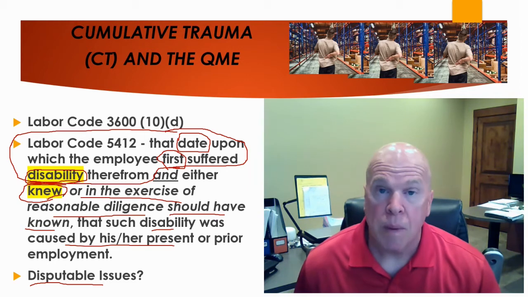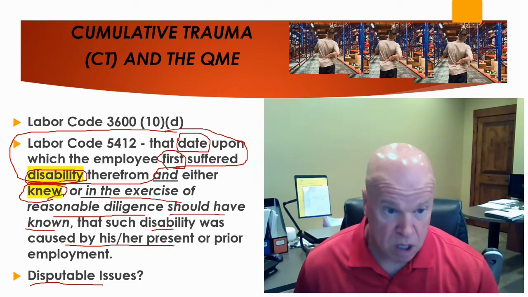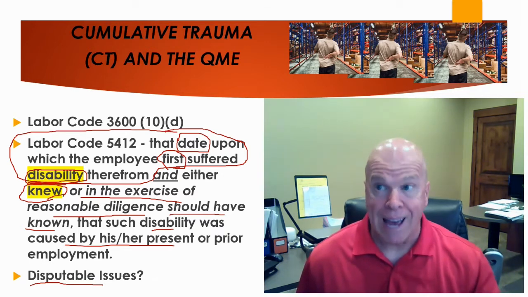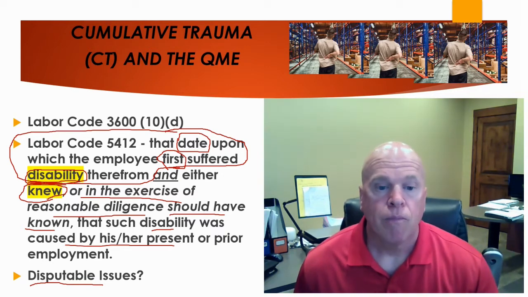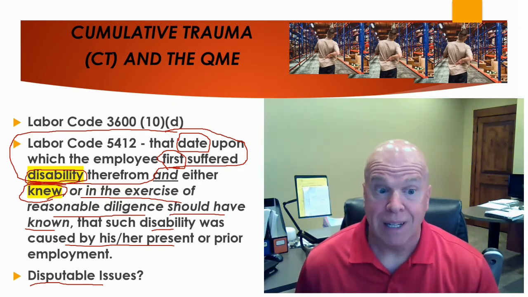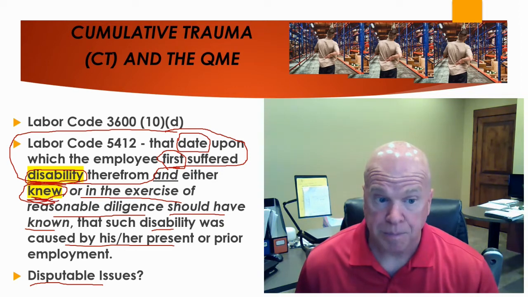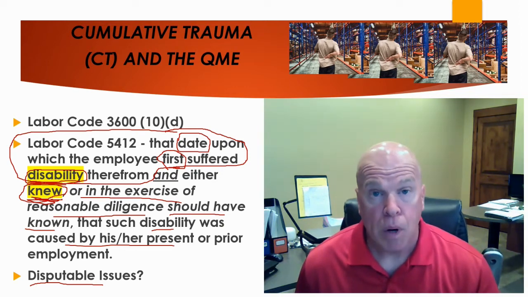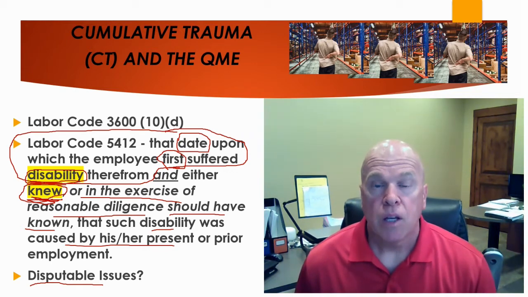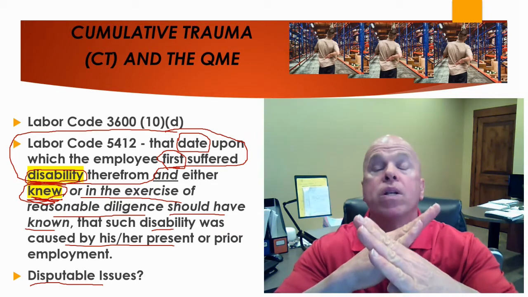So we're going to talk about disputes related to both the disability and what actually qualifies as disability. And we're going to see disputes that arise based on contentions about the knowledge component here. And Labor Code 5412 tells us that the date of injury is when both of these coincide.